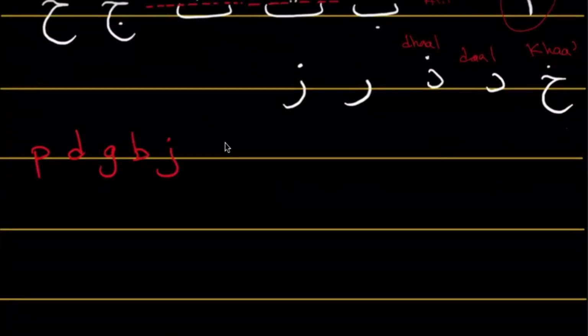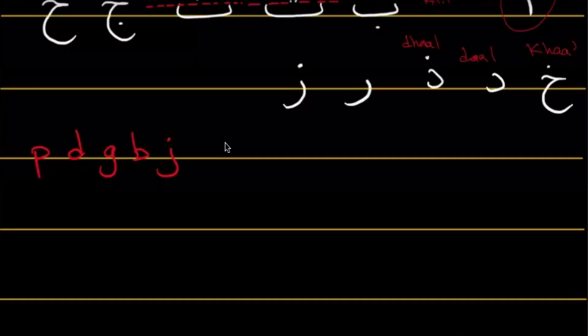So, do you need the line there to know if it's one of the letters that go under the line or over the line? Probably not, because you are familiar with what you are looking at. Also, in Arabic, you need to be familiar with which letters are under the line or over the line so that if you see it without a line, you know what you are looking at.